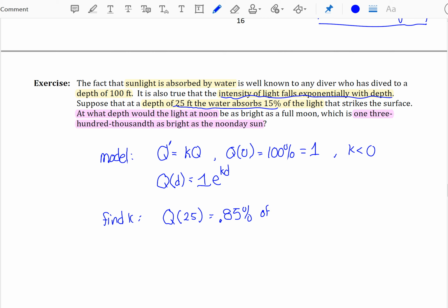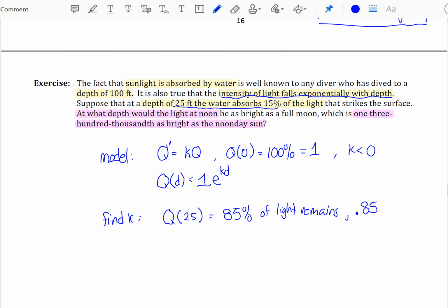I should probably write that 85% of the light remains. But we should probably write this as 0.85 as a decimal.